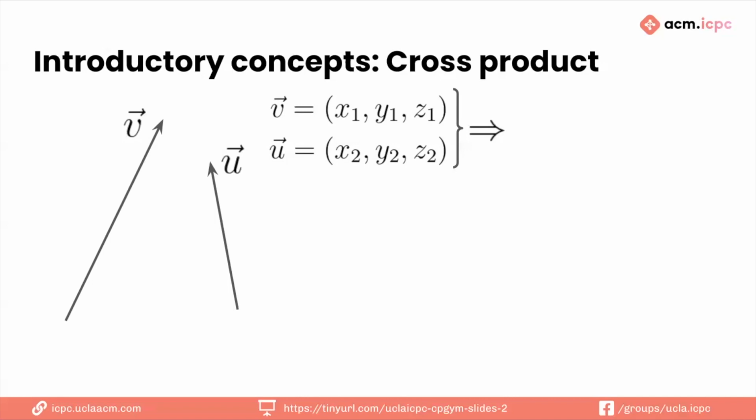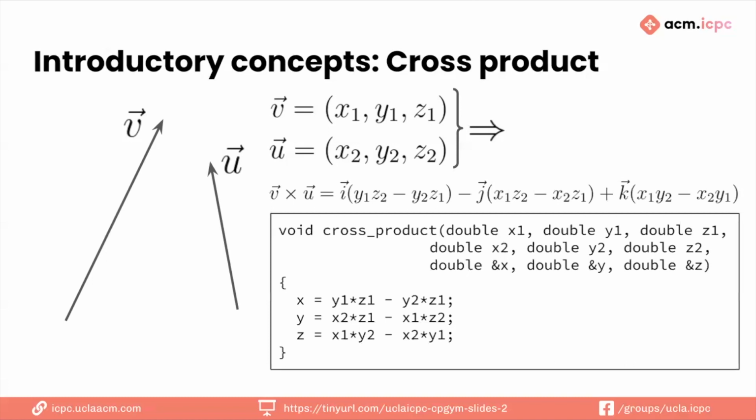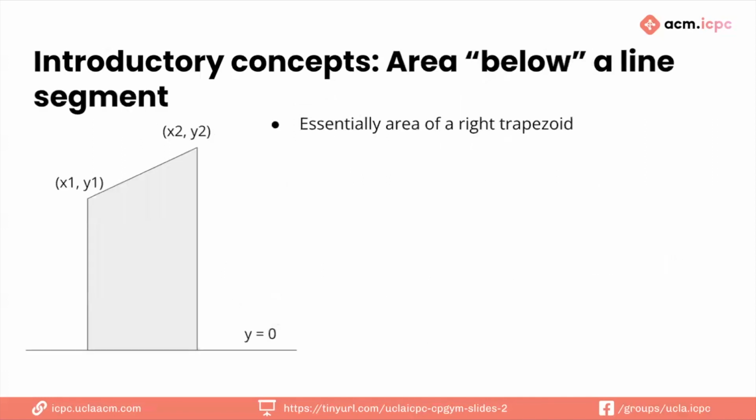So to find it, you can basically build a matrix with the first row with unit vectors, and then the second and third rows with the coordinates of the vectors. And this is what we will get eventually. So in C++, again, you can basically output these 3 numbers corresponding to each coordinate. This is going to be a pretty useful technique for future computations, as we'll see. So this was the cross product.